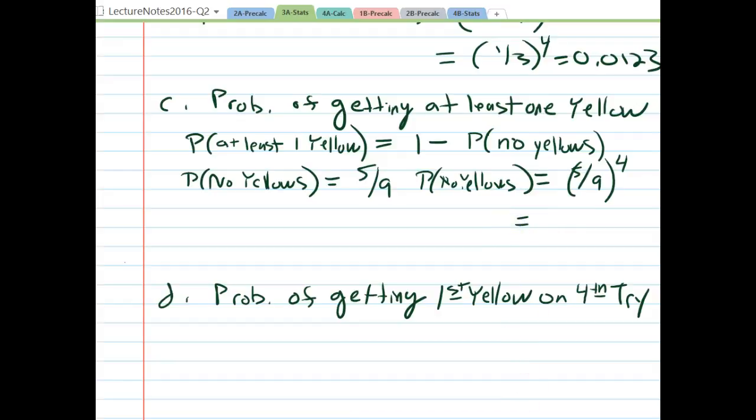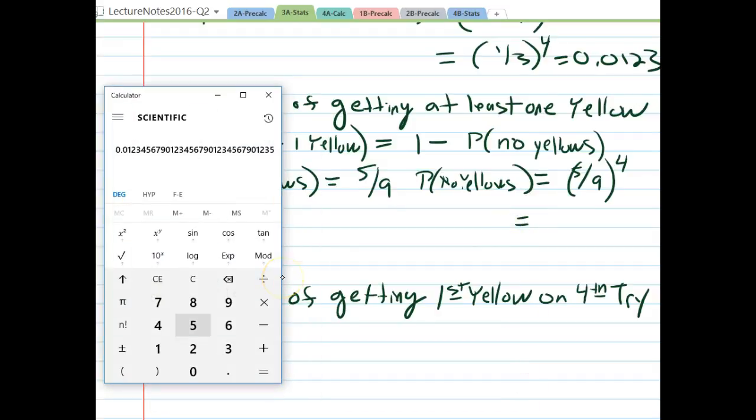And 5/9 to the 4th power, 5 divided by 9, raised to the 4th, is 0.0953.